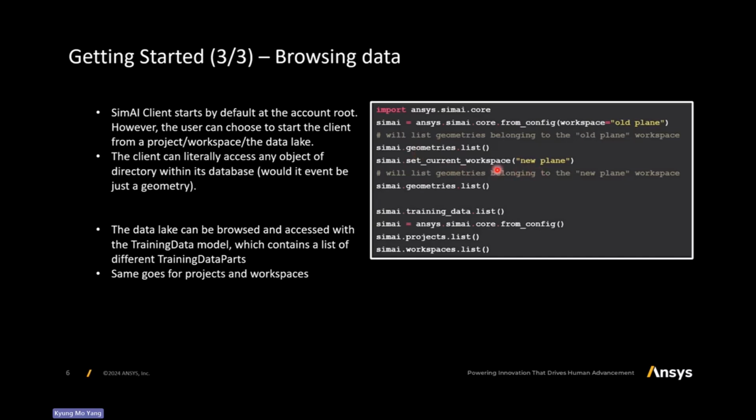You can also redirect your client to point to another specific workspace or project, and so on. You can also get the list of training data, which is the data you use to do your learning and therefore build your model, so you can access your projects, your workspaces, and so on.